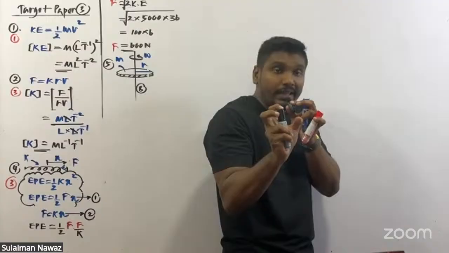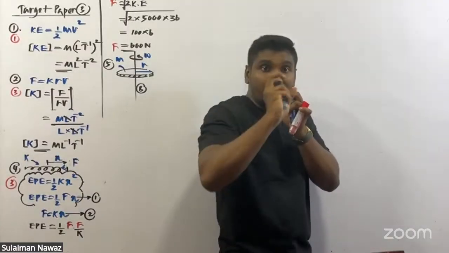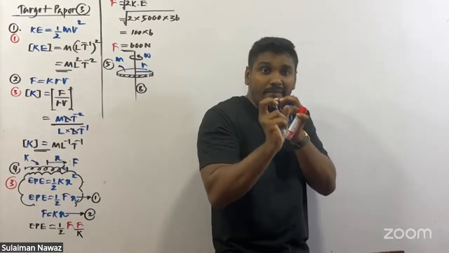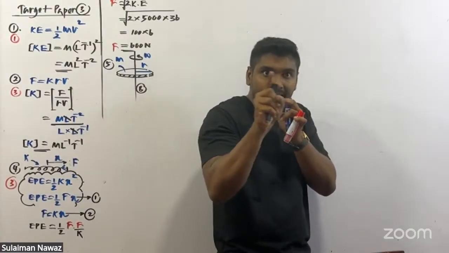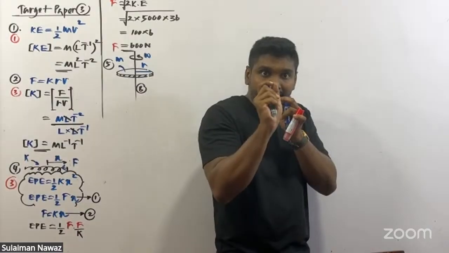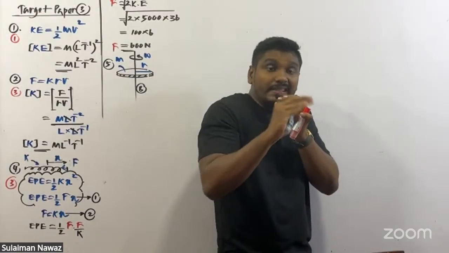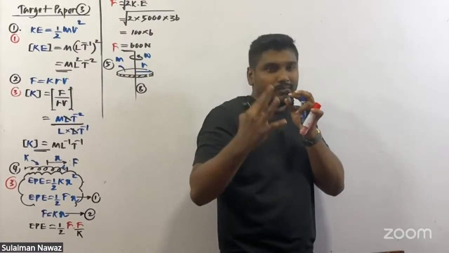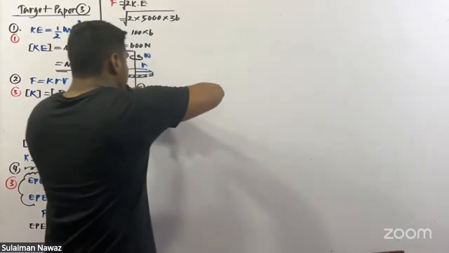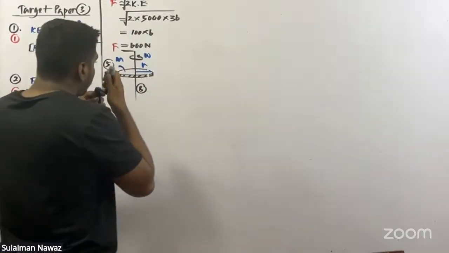Therefore, before and after, the resultant torque acting on the system is zero. That means angular momentum, capital L equals I omega, is conserved before and after. Angular momentum of the system is constant.